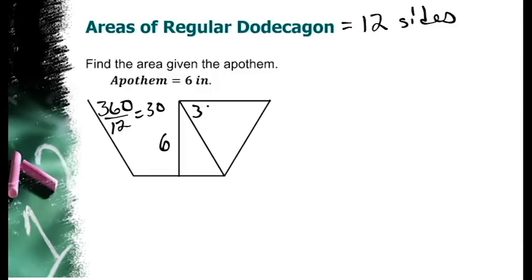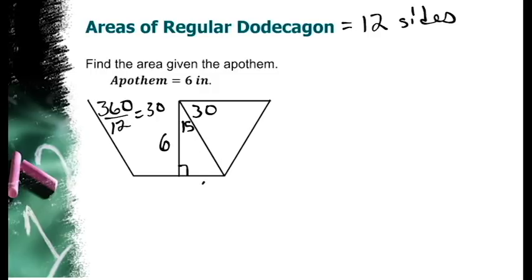Now we have to be careful because a lot of people get caught in the 30, 60, 90 concept here. But the trick is our 30-degree angle is our central angle, not the angle that's created with the apothem. The angle created with the apothem is half of the 30, which is a 15-degree angle. So it does not fall into the 30, 60, 90 category.